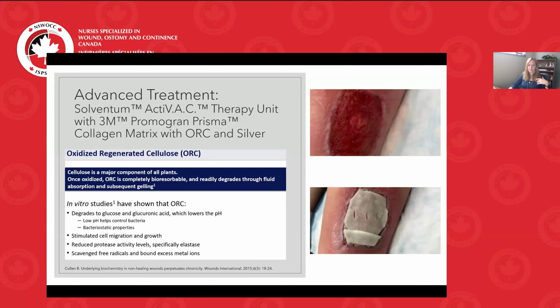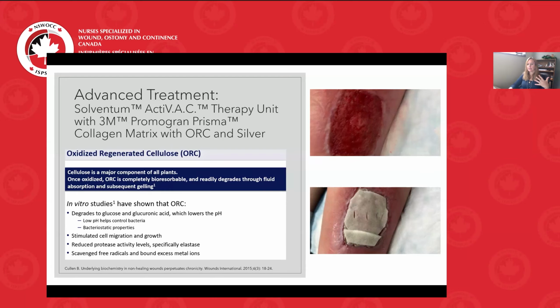Moving on to other advanced therapies that are out there, this is Promogran Prisma. If you've never used it, this is a collagen-based product. It's nice to use because of what I talked about with the pH and the MMPs, how they act. What Promogran Prisma does is function as a sacrificial substrate, meaning those high MMPs attack the Prisma, and they allow the body's natural collagen to deposit and lay down.